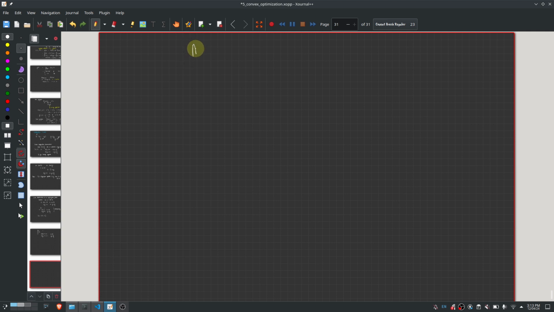So let's go back to the constraints. Let's take another approach. I'll introduce another variable, which is my delta, or t, as I'll call it.